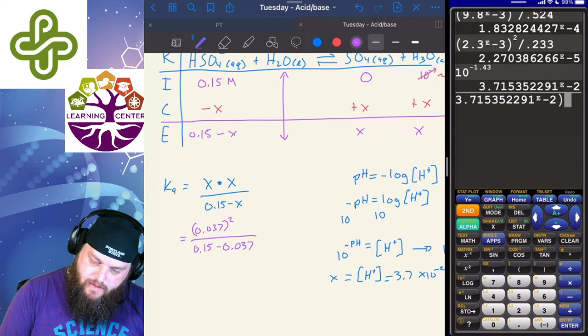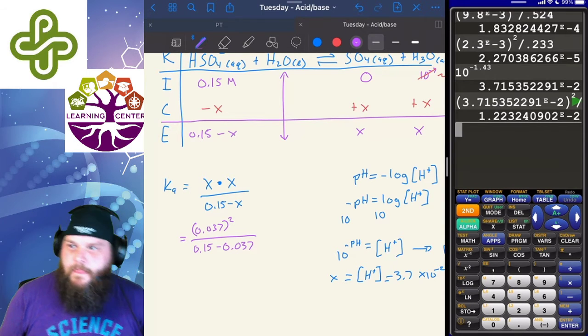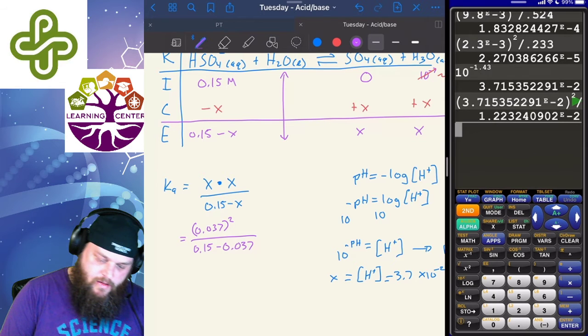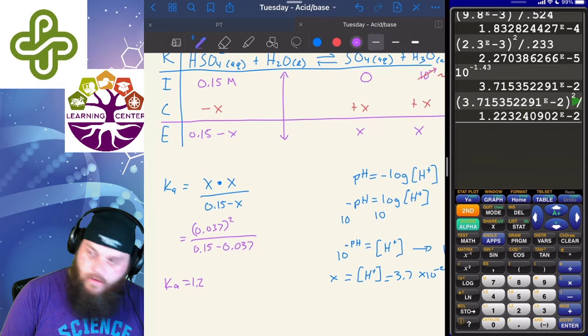So I'm actually going to put parentheses around it. I don't trust it when I have an exponential like that. Squared. Divide by parentheses for the whole denominator, 0.15 minus this value. And that gives me a Ka equal to 1.2 times 10 to the negative 2.